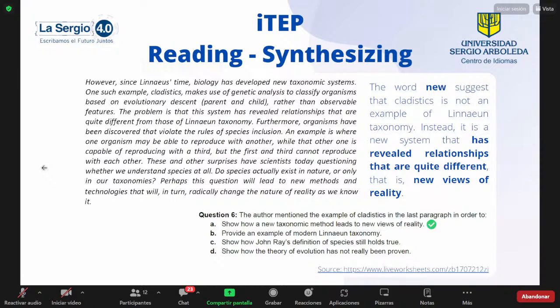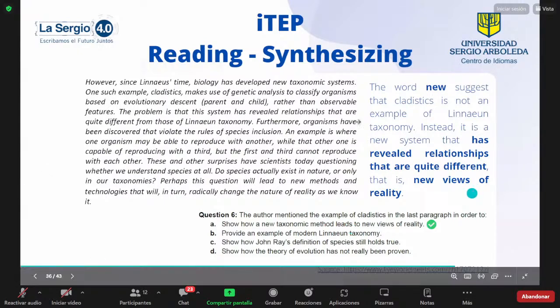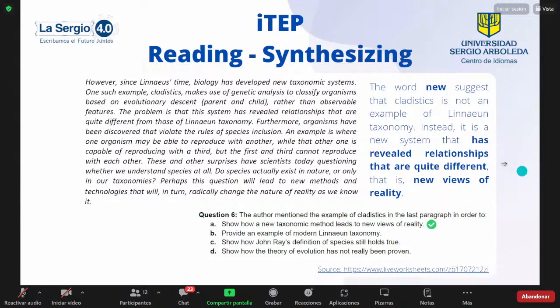New suggests that cladistics is not an example of Linnaean taxonomy. Instead, it is a new system that has revealed relationships. So you're right, it is A. For this answer, you didn't need to read, just like with the first paragraph, you would get it, no? You didn't need to spend a lot of time reading it and you know that that's the one. So very good, guys. I'm seeing very good results out of these exercises.